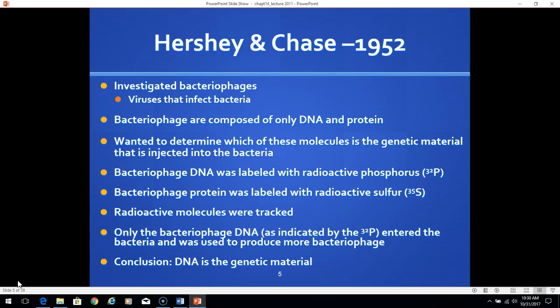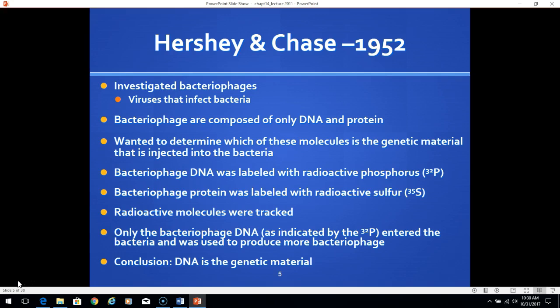And so this made for a very good model to use to determine which one of these was the most important, DNA or protein. And the reason why there was this argument was that DNA is only made up of the 4 nucleotides, guanine, thymine, cytosine, and adenine. Proteins are made up of 20 plus amino acids, all in different combinations.